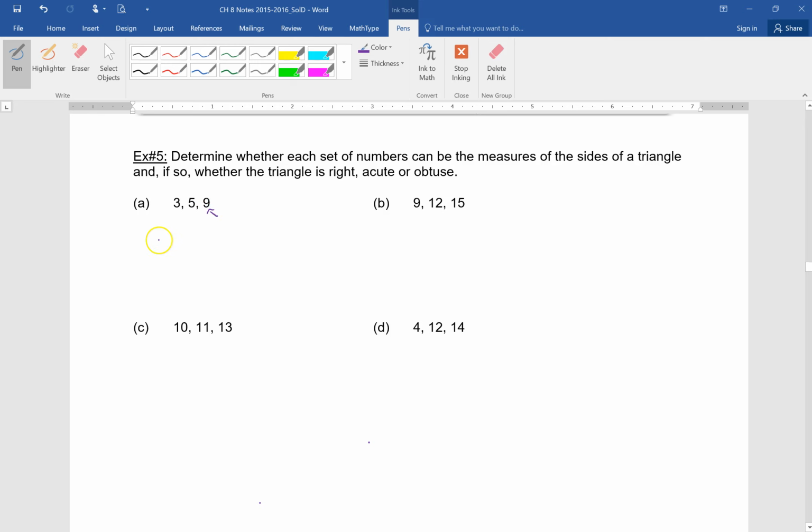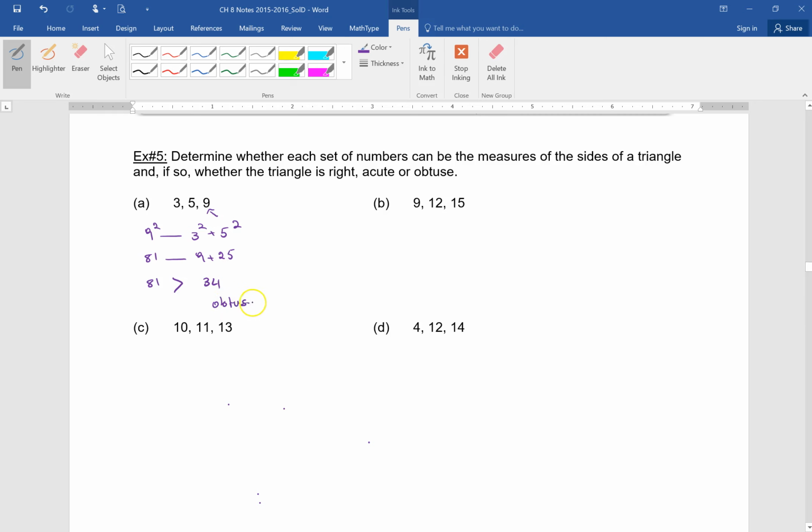So 9 squared, blank, 3 squared plus 5 squared. 81, blank, 9 plus 25. Here we have 81, and 9 plus 25 is 34. 81 is greater than 34, so this is obtuse.